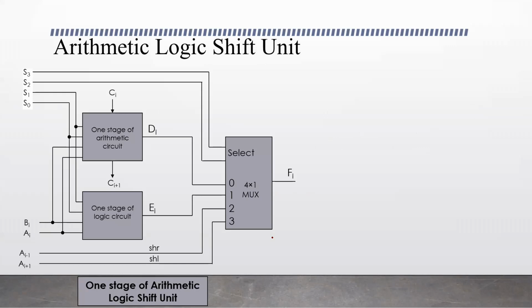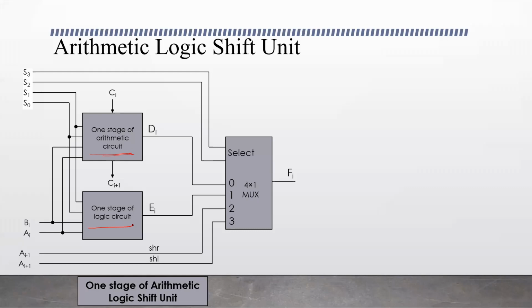So this is the hardware implementation of the arithmetic, logic, and shift unit. If you see the circuit, there is a multiplexer at the output end. Here is an arithmetic circuit that performs arithmetic micro operations, and this logic circuit performs logic micro operations.